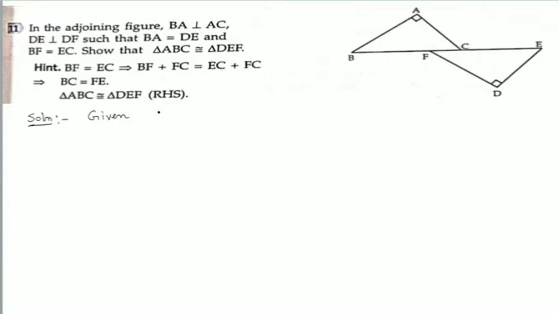Here it is given BA perpendicular to AC and DE perpendicular to DF. This is shown here. Therefore these two triangles are right angle triangle. So therefore triangle ABC and triangle DEF are right angled.